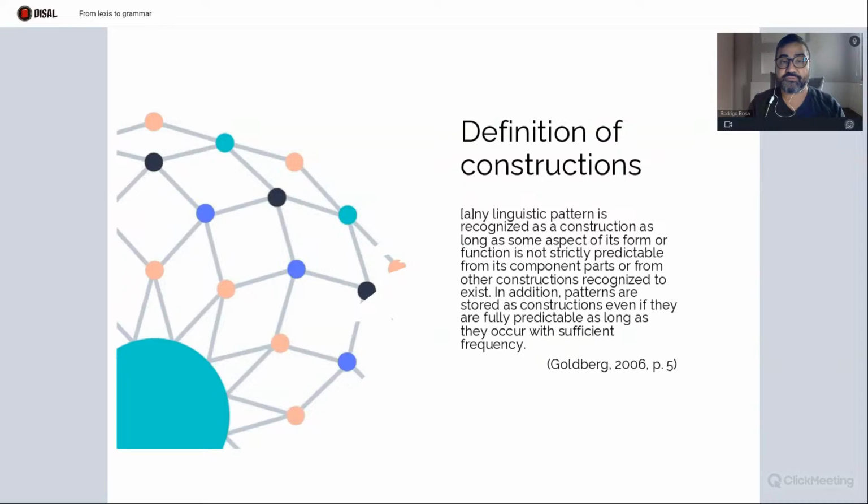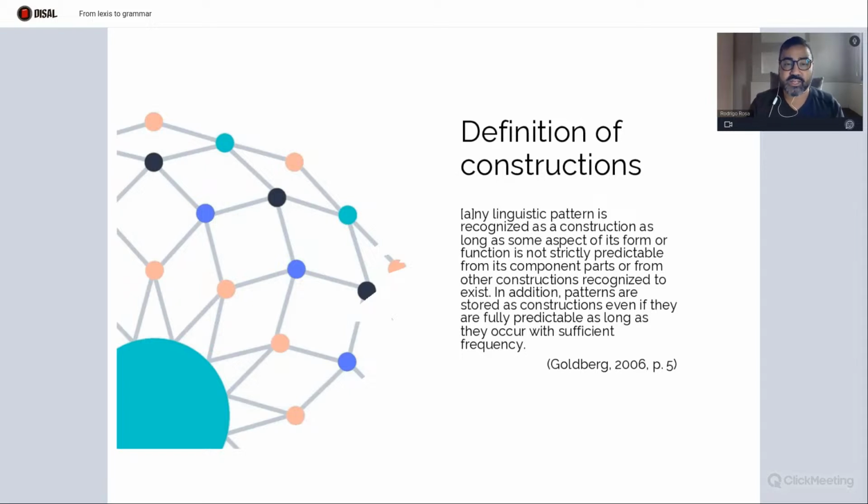However, to Goldberg and to a whole body of researchers within cognitive linguistics, the definition of construction is slightly different from this one. We don't have to worry that much about it, but it's not exactly a synonym to the word structure, for instance, okay? Here we have the definition of constructions given by Goldberg in her latest, not latest publication, but the last one, in which she gave a definition of a construction.